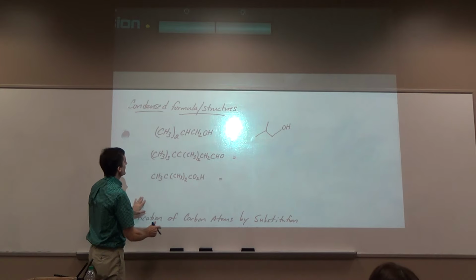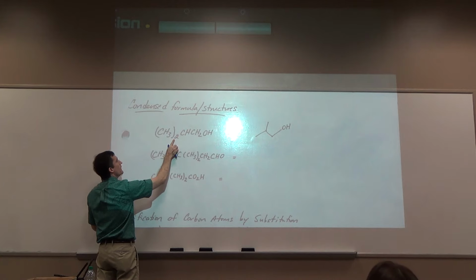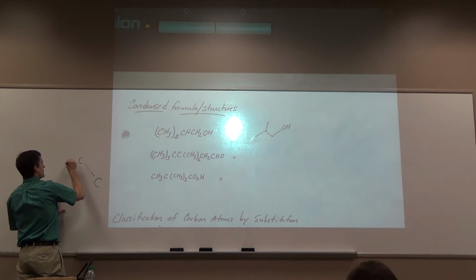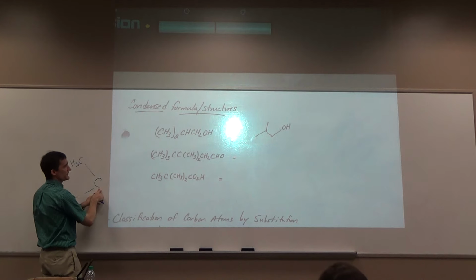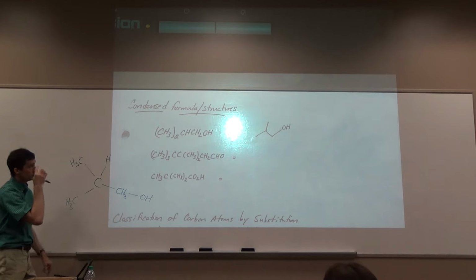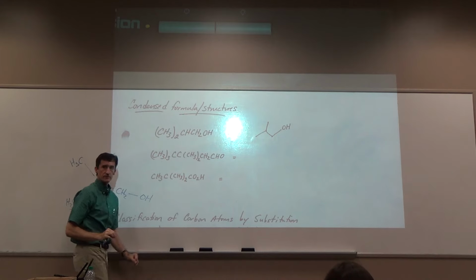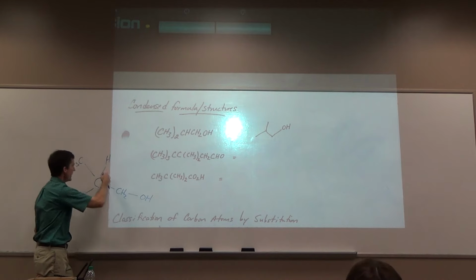Let's start back over here with the parentheses, though. There's two methyl groups that have to be bonded to something. They're bonded to the next carbon. So I got a carbon with two methyl groups. And then this carbon is bonded to what? There's an H there, and then I have a CH2, and then I have an OH. Obviously, this H can't be bonded to two different carbons.